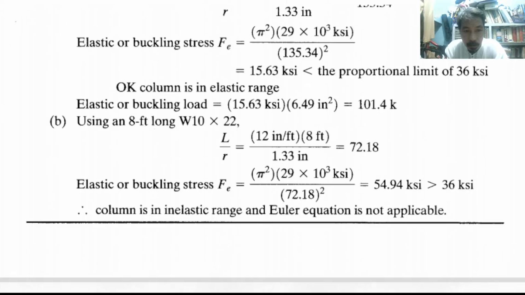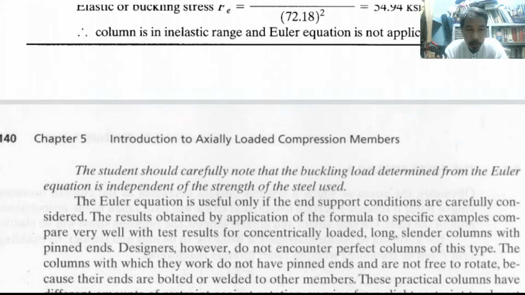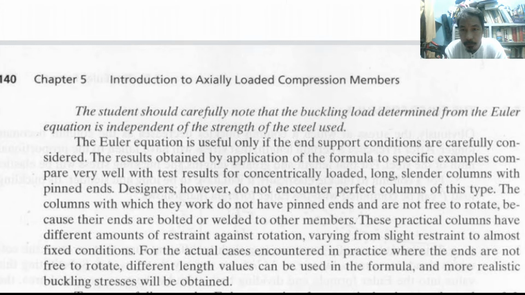So that is for example 1. The student should carefully note that the buckling load determined from the Euler equation is independent of the strength of the steel used. So independent. That's why I explained to you that Euler is the maximum. The Euler equation is useful only if the end support conditions are carefully considered.